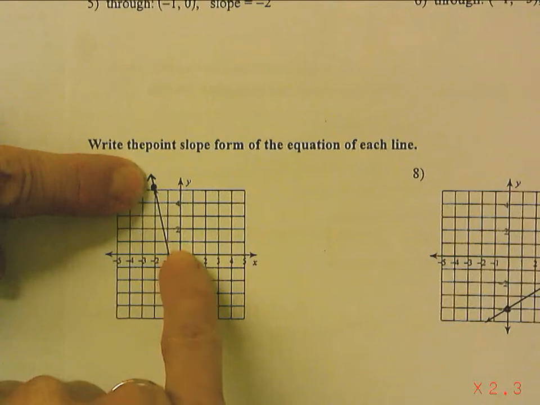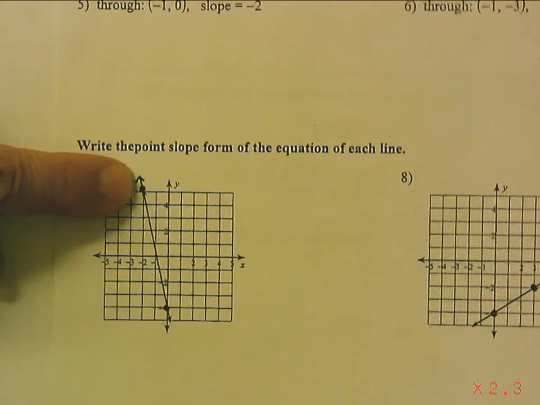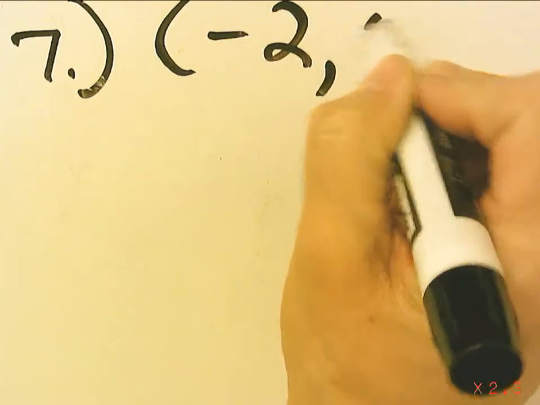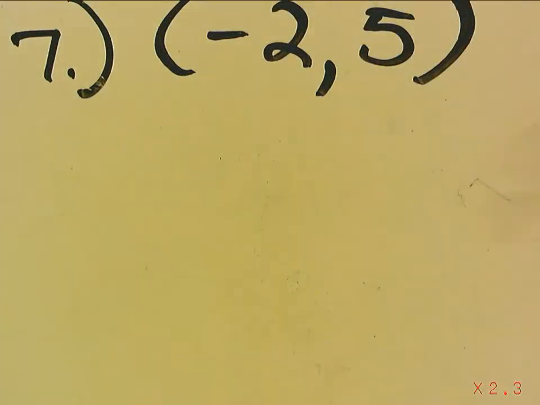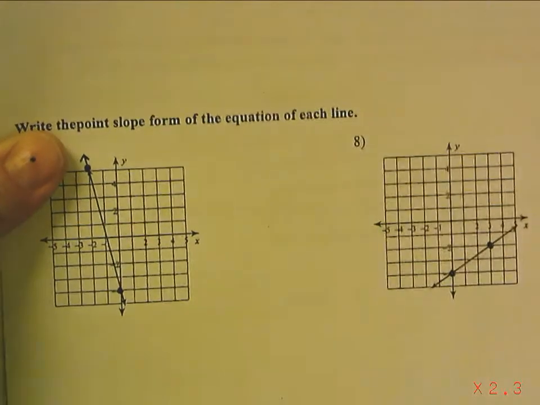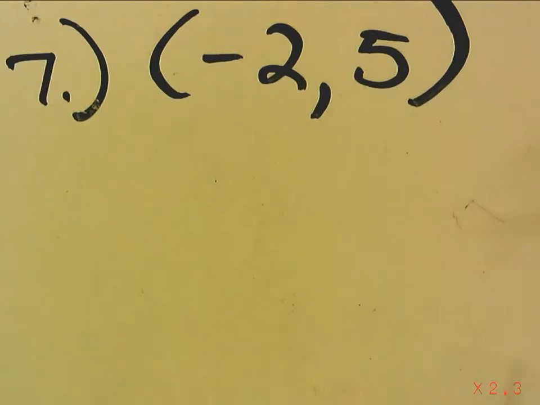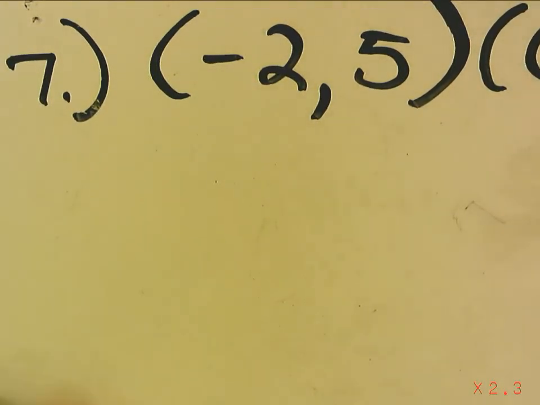Well, that point is -2, 5. So I write -2, 5. Now I have to figure out what the other point is. And the other point is 0, -4. So I write 0, -4.